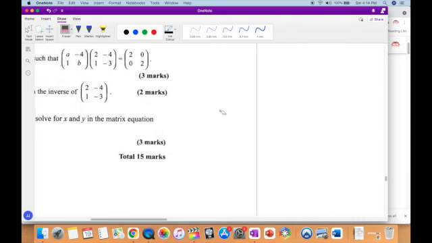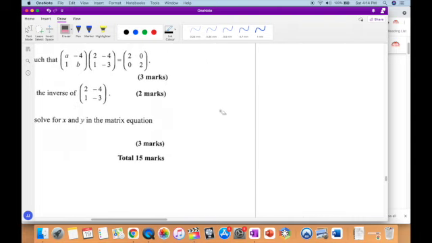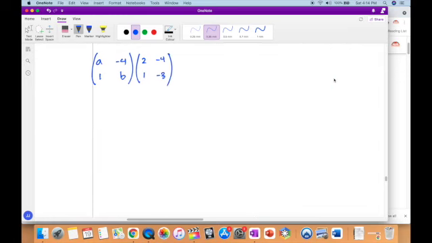Right. So with matrix multiplication, you're supposed to know, and I'll just write over everything here. The matrix with rows A, negative 4 and 1, B, multiplied by the matrix with rows 2, negative 4 and 1, negative 3, is equal to 2, 0, 0.